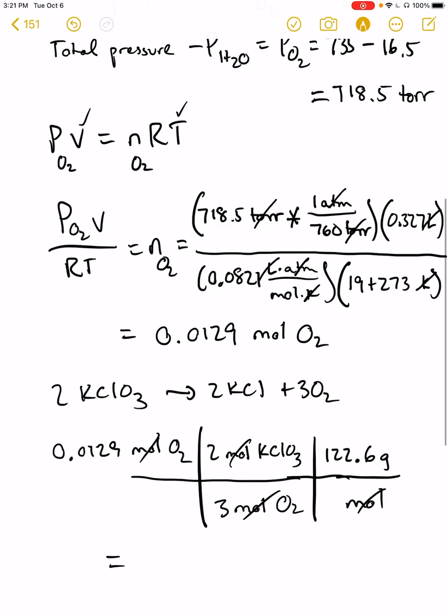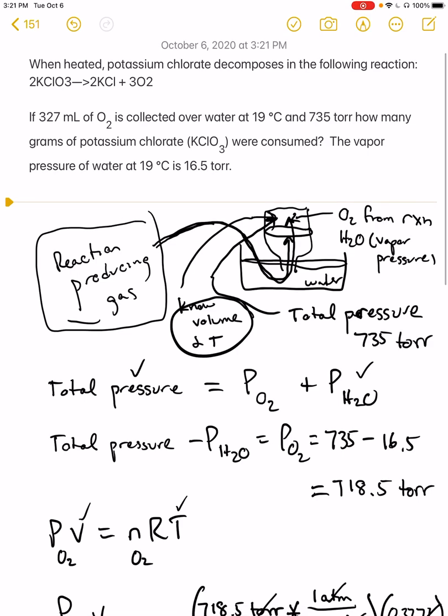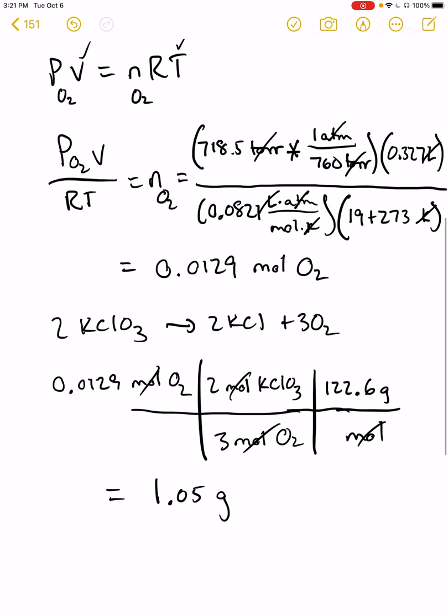And that will give me 1.05 grams of potassium chlorate. So that tells me that there were 1.05 grams of potassium chlorate consumed.